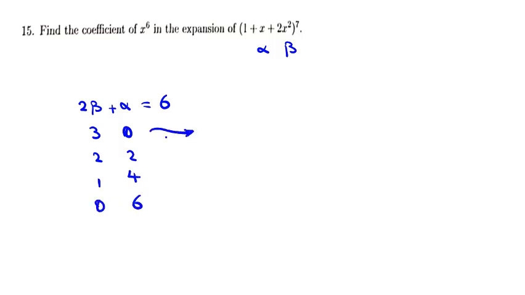Now let's consider case by case. Beta is 3, so you say 7 choose 3 and 2 cubed. Alpha is 0, and because beta is 3, we should select, for example, suppose here gamma equals 3 plus 0 plus 4 should be 7.